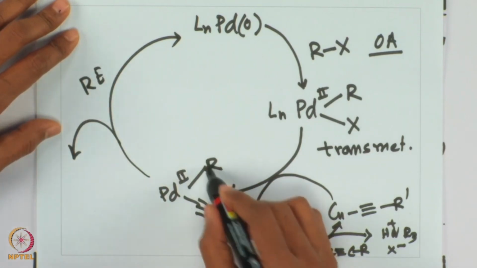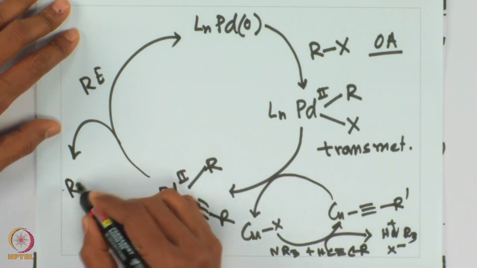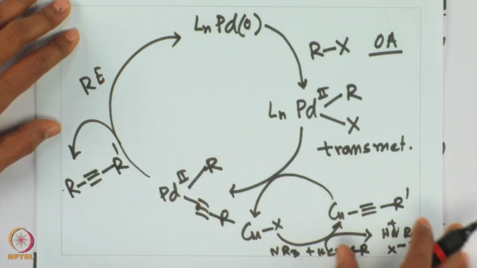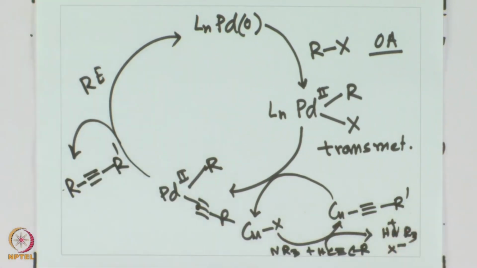This could be an sp2 or sp carbon center usually, that will give you the desired internal alkyne that you are looking for. So, what we have seen so far is starting from, let us say, bromobenzene and a terminal alkyne, you will be getting an aryl substituted internal alkyne.